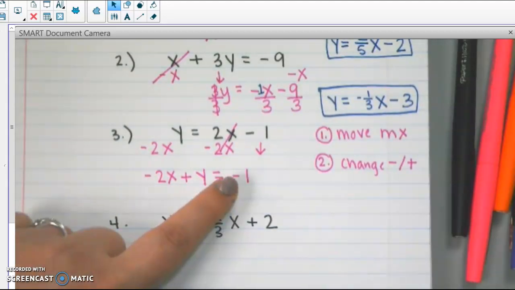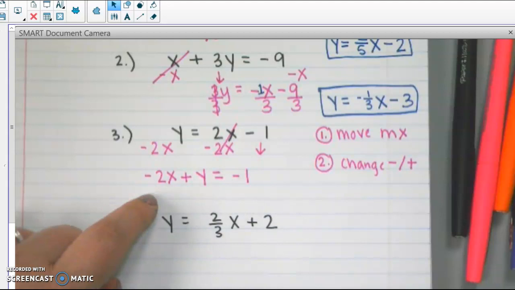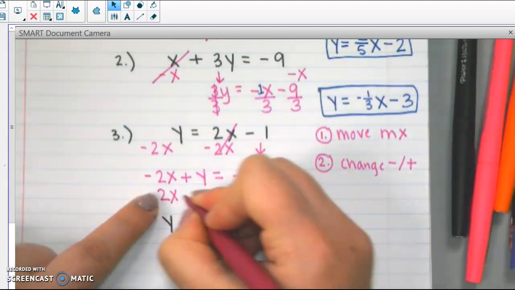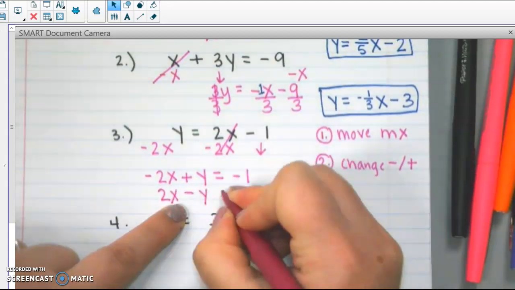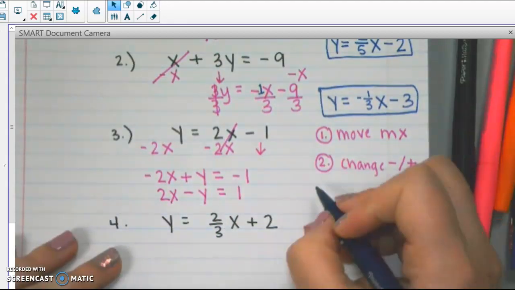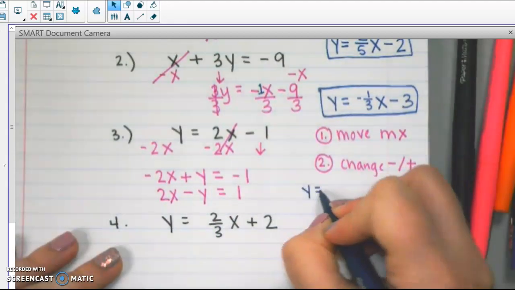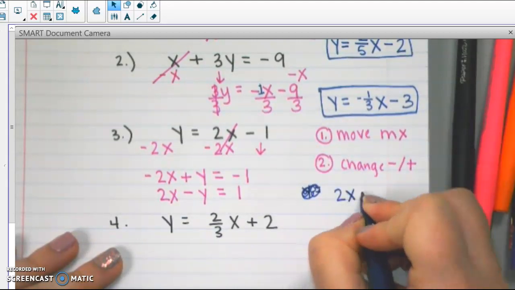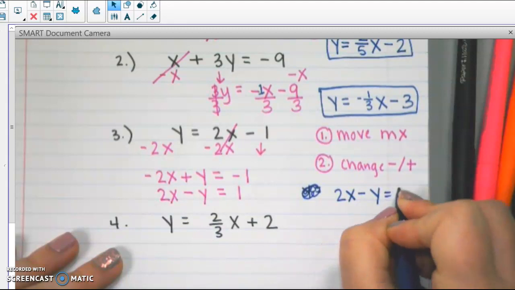If you skip one, then it's not going to be the same equation that you started with. So I'm going to change this to a positive 2x. I'm going to change this to a minus y. And I'm going to change that to a positive 1. And then that's my standard form equation.